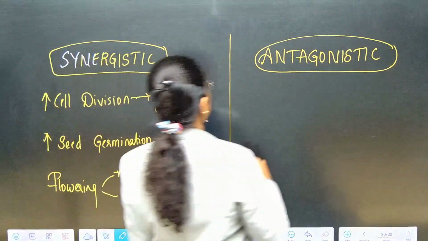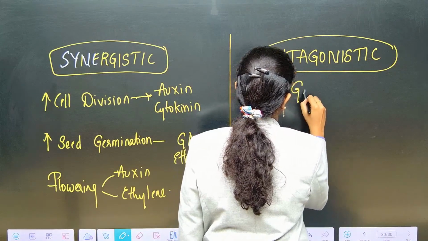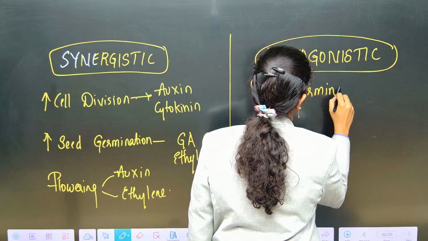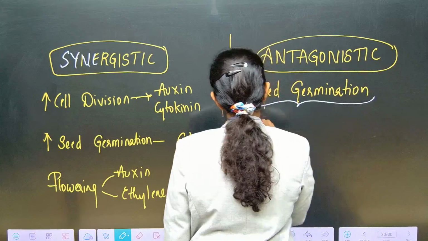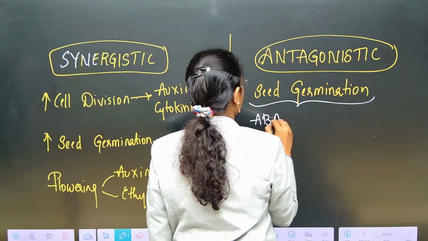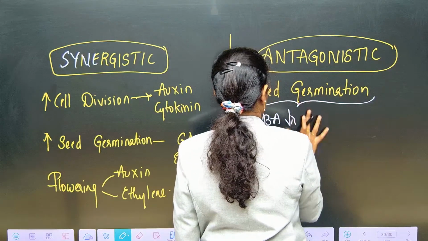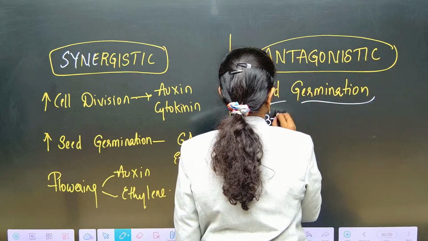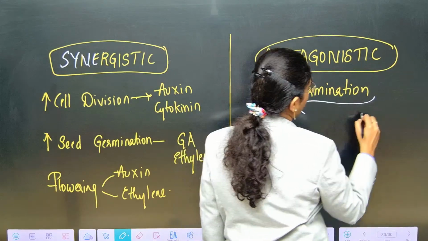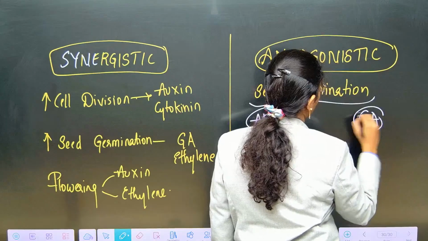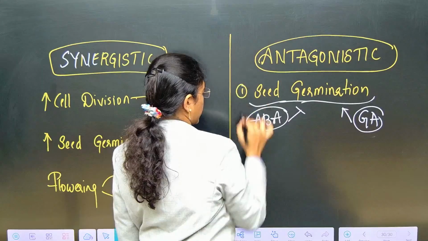Antagonistic effects, with respect to seed germination: abscisic acid will inhibit seed germination, whereas gibberellic acid will promote seed germination. This is the first antagonistic effect.